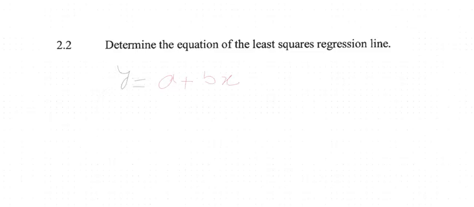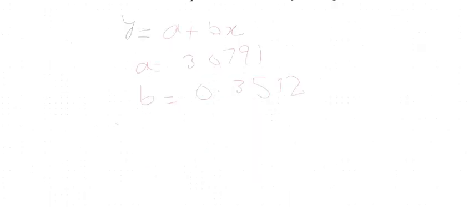So the calculated value for a is 3.0791, and for b we have 0.3512. Okay, so rounding to two decimals, a is 3.08 and b is equal to 0.35.